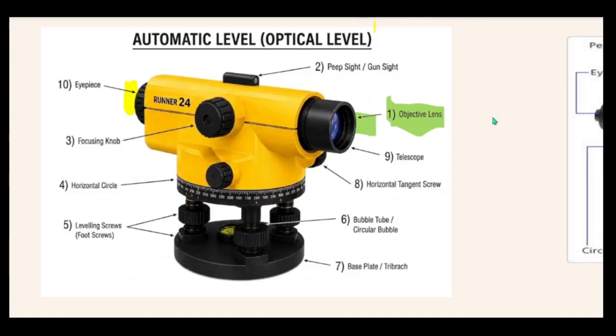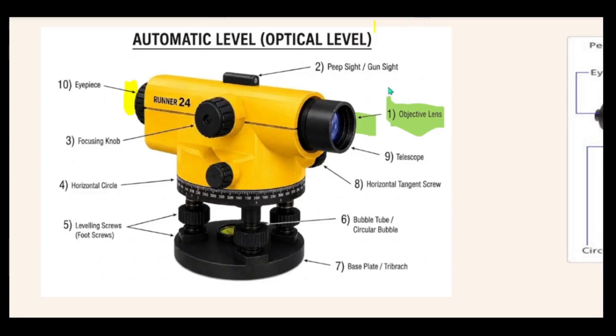Say the object is around here, and your eye is here, viewing the object through here. The reason it's called the object lens is because it views objects on that particular side.